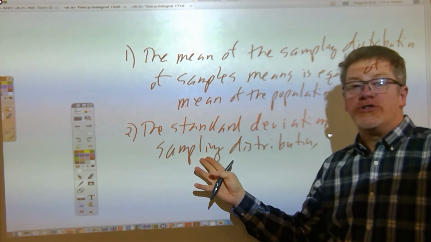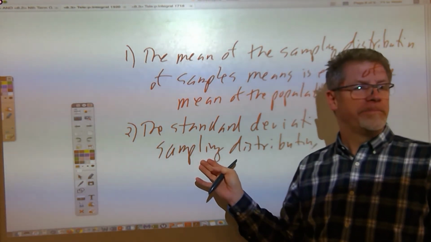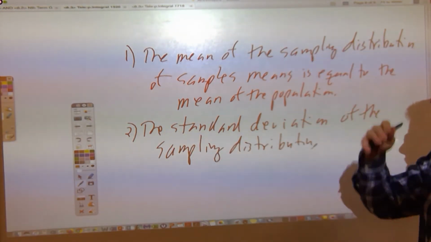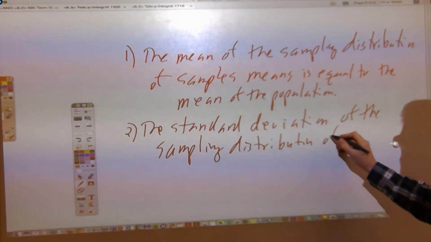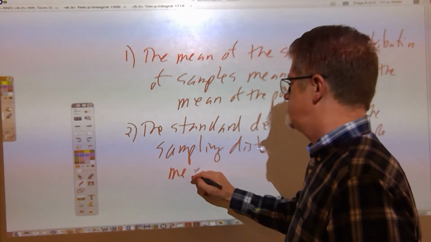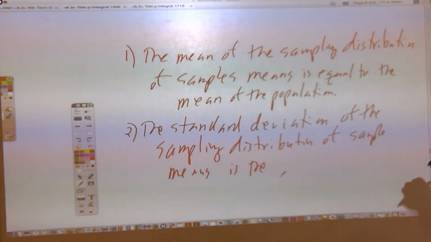Once we put the ing on sampling, that means there's how many samples? There's an infinite number of samples. The sampling distribution has a model. The standard deviation of the sampling distribution of sample means is the standard deviation of the population.